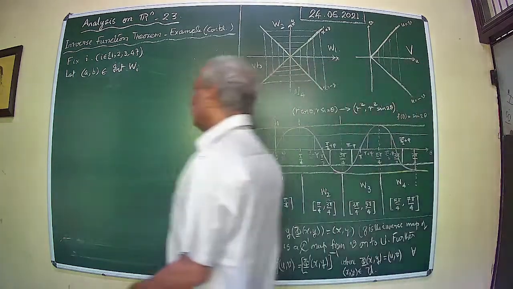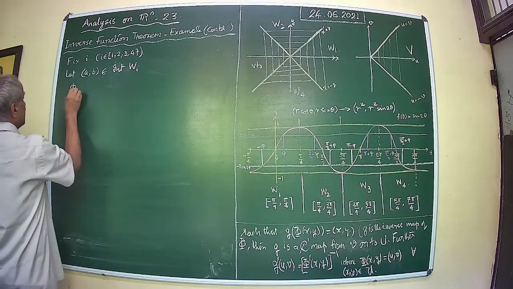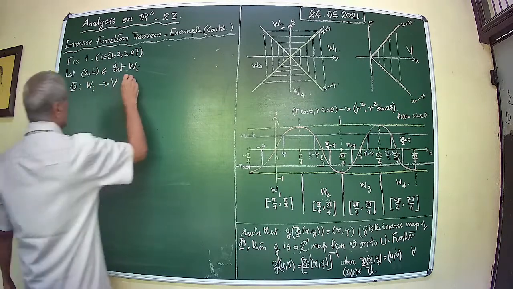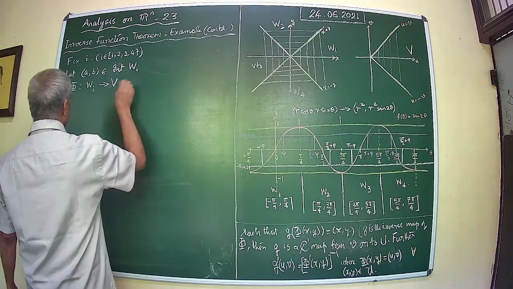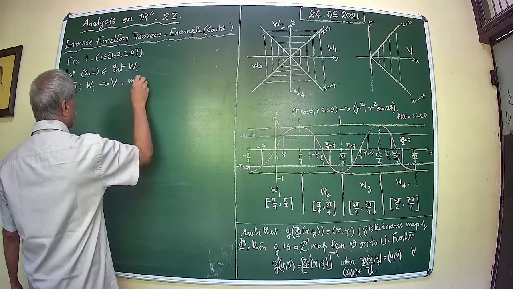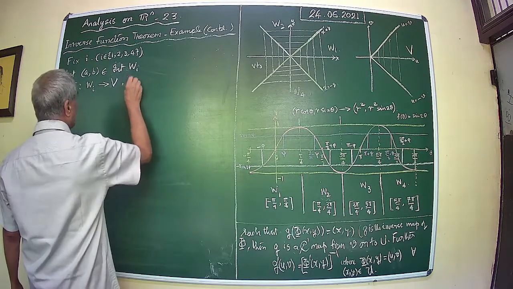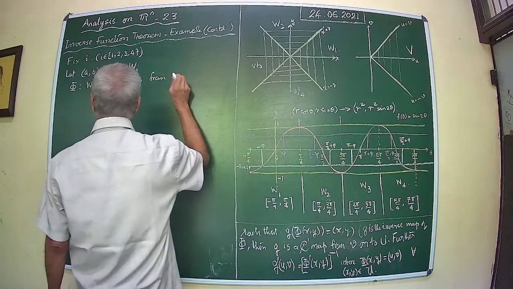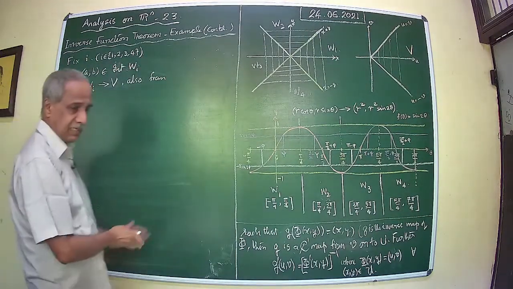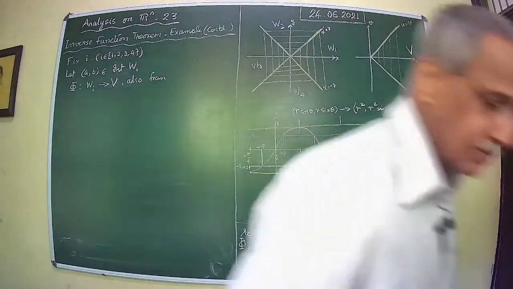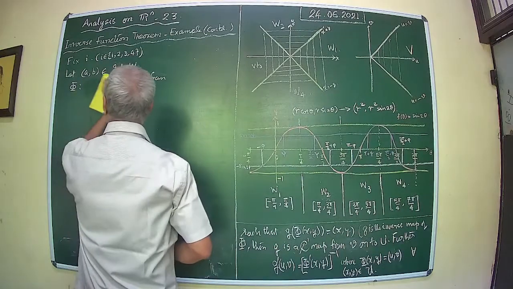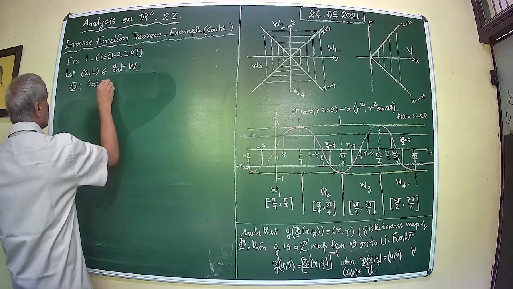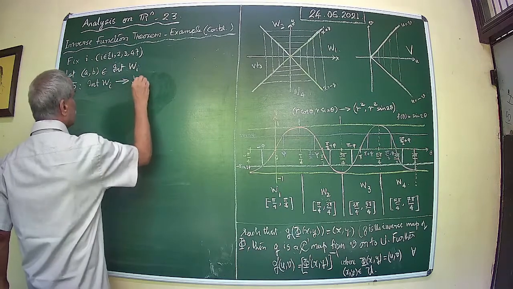When you observe that phi is a map from Wi to V, more especially also from the interior of Wi, I will write it as interior of Wi.